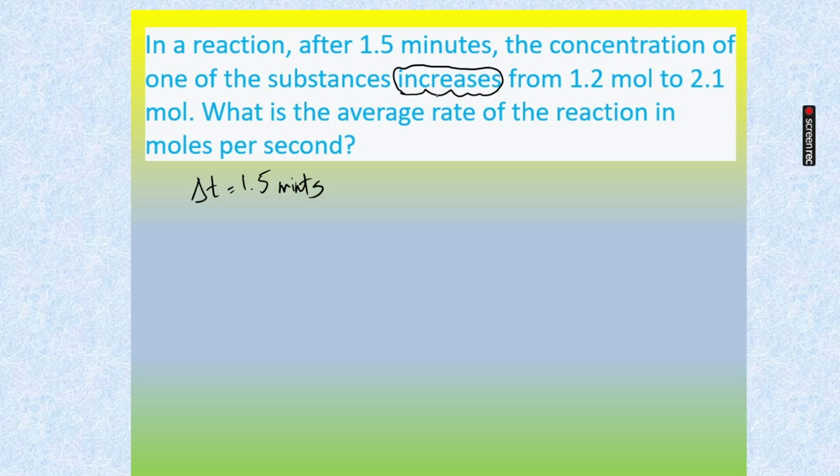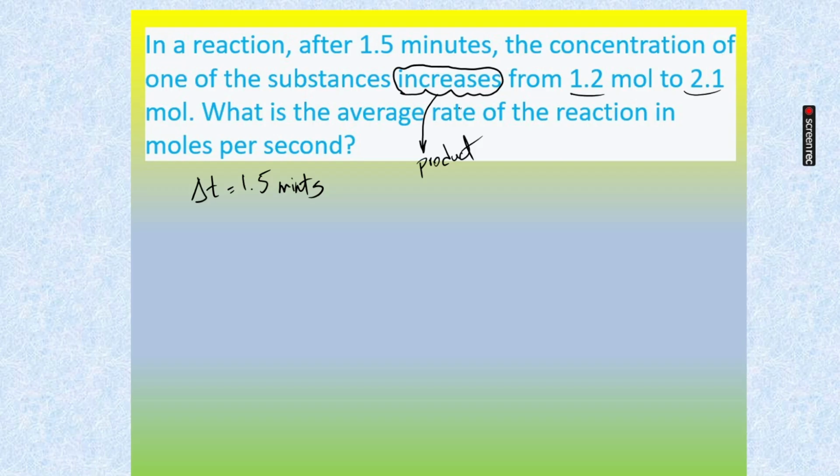It's a product, because the product increases during the time, but the reactant decreases during the time. So it should be a product. From 1.2 to 2.1, look here. The concentration is increased from 1.2 to 2.1. So it should be a product.